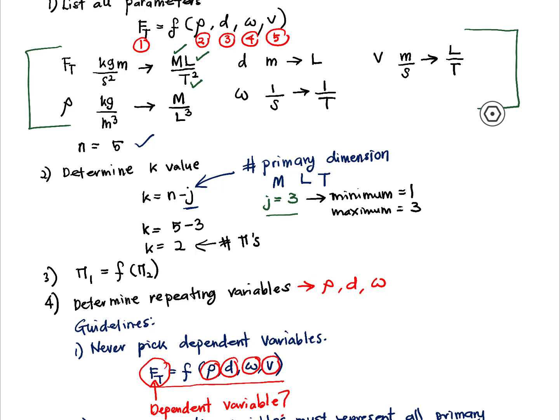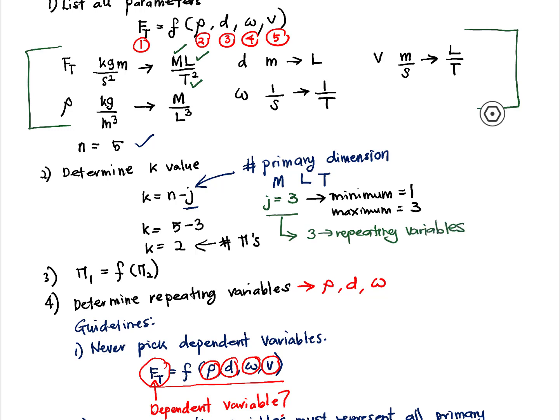If there are 3 primary dimensions, you have 3 repeating variables.